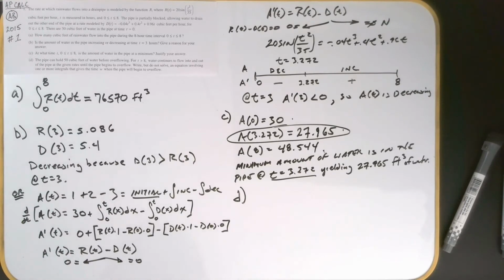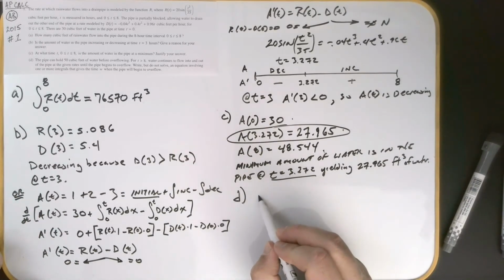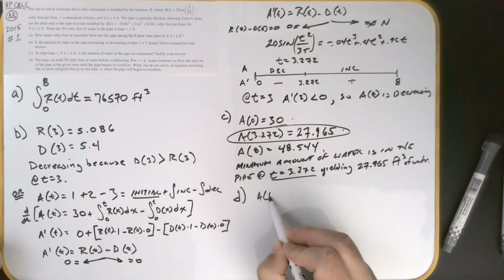Would be the question. And once again, you guys, we go back to here and we say, oh, it's this amount equation. This was a really important equation right here. That's the amount. And what happens when the amount is 50? When the amount is 50, that'll give us when it's overflowing. So what if we just said, well, I'm going to write more than I need to here.